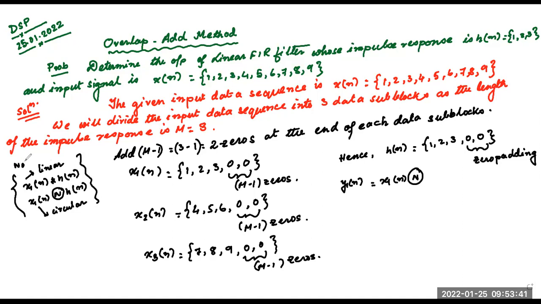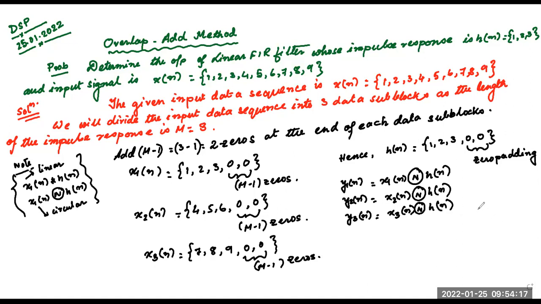So x1 of n is circular convolved with h of n. Next, y2 of n is x2 of n circular convolved with h of n, and y3 of n is x3 of n circular convolved with h of n.